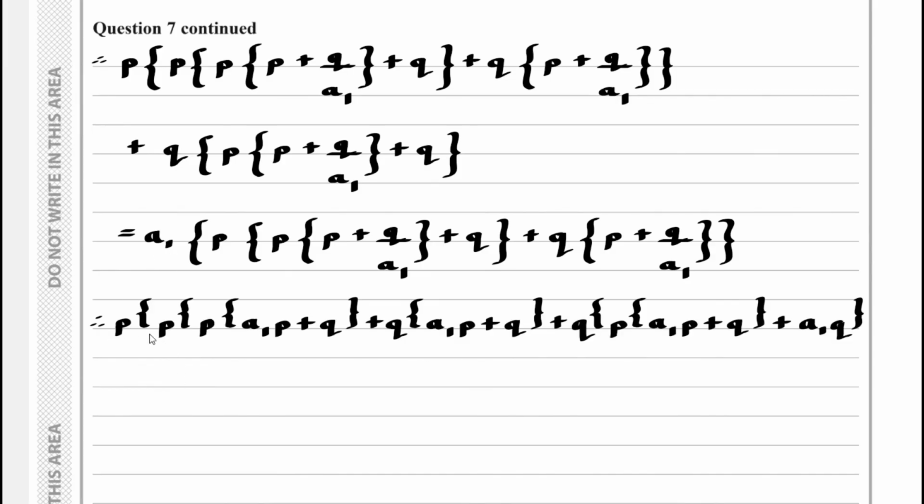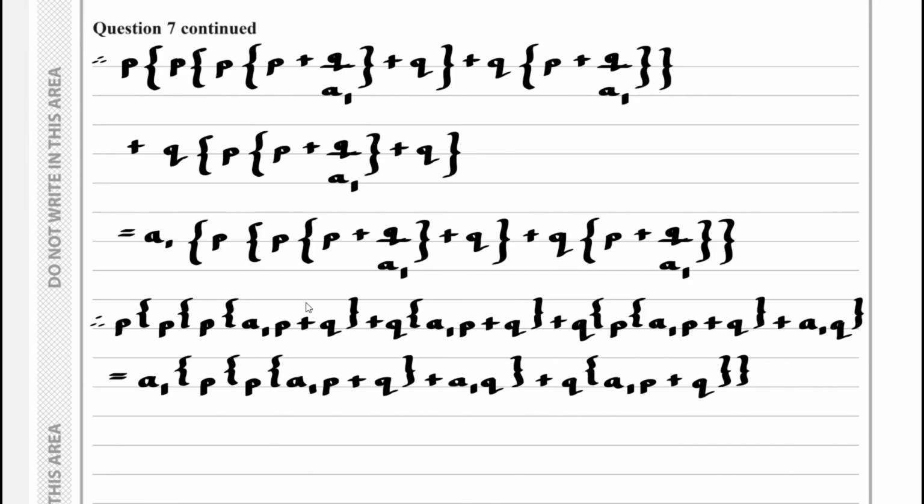On the left hand side we have p lots of A1p plus q times by A1p plus q lots of p lots of A1p plus q plus A1q. And if I do the same thing on the right hand side, I have A1 lots of A1p plus q plus A1q plus q lots of A1p plus q.